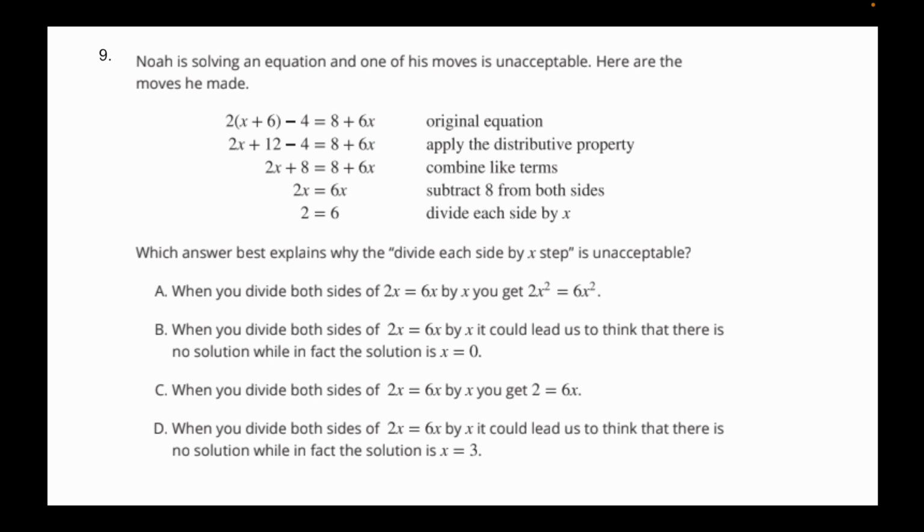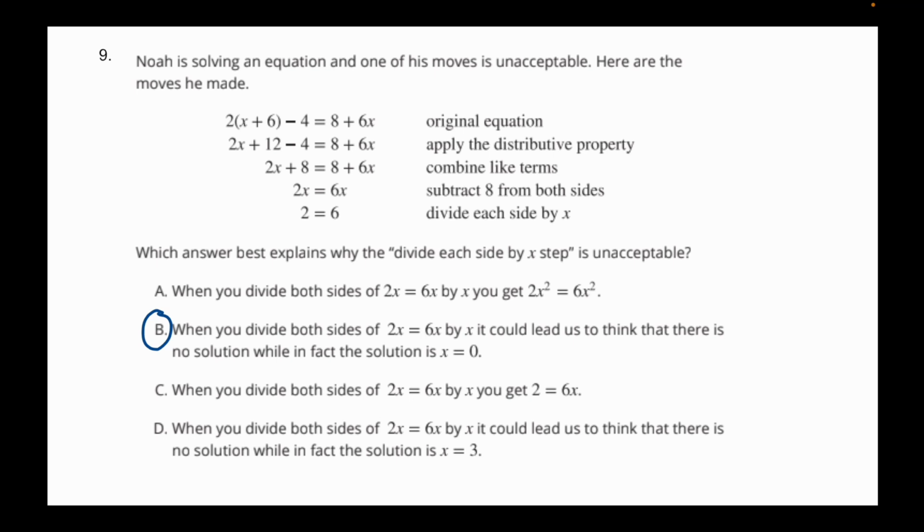So one of the things I think of when I think about an invalid move is that we can't divide by 0. And that's the solution we're going to go with here. That's going to be B. When you divide both sides of 2x equals 6x by x, it could lead us to think that there is no solution, when in fact that solution is x equals 0.